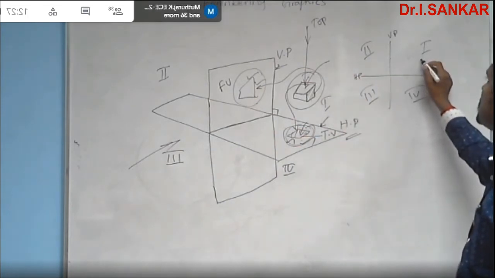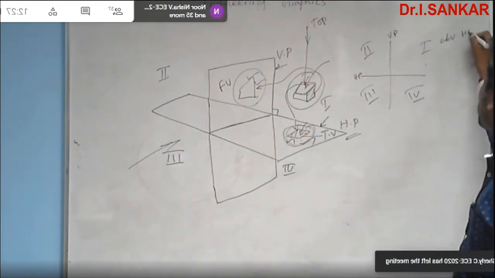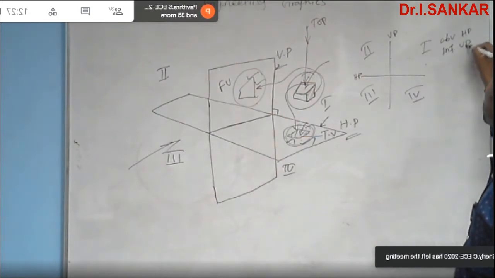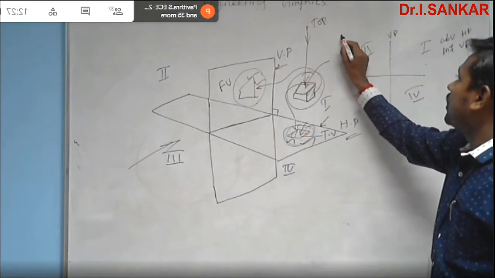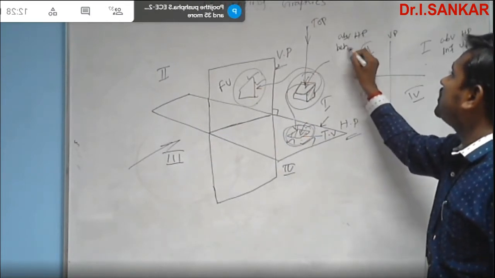So this space is nothing but above the horizontal plane and in front of the vertical plane. And that space is nothing but above the horizontal plane and behind the vertical plane.